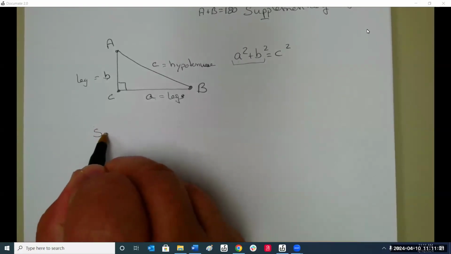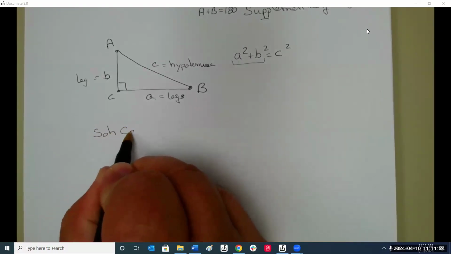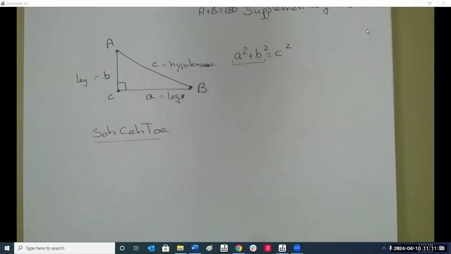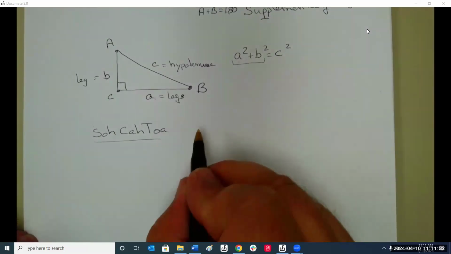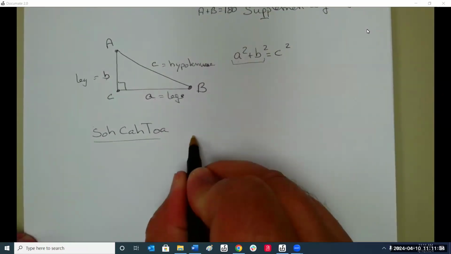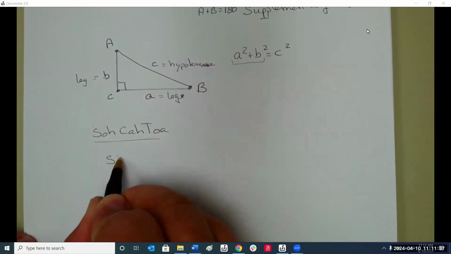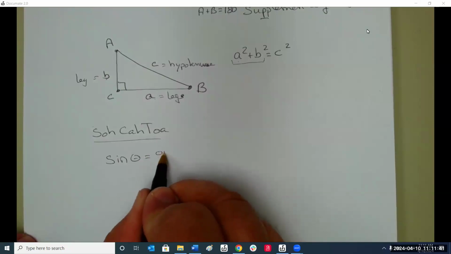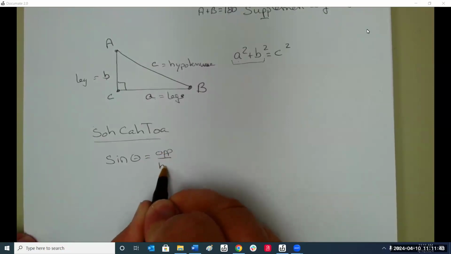Also, using our SOHCAHTOA formula, remember what that means? Sine of theta is equal to the opposite over hypotenuse.